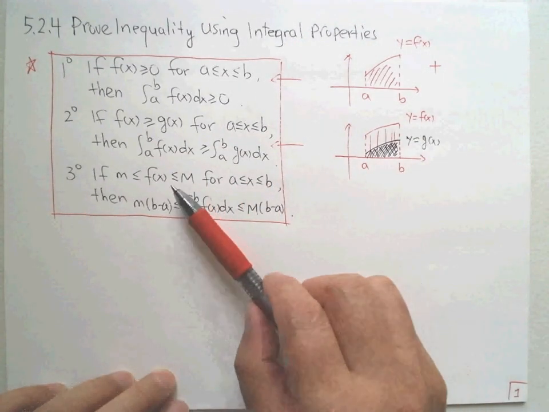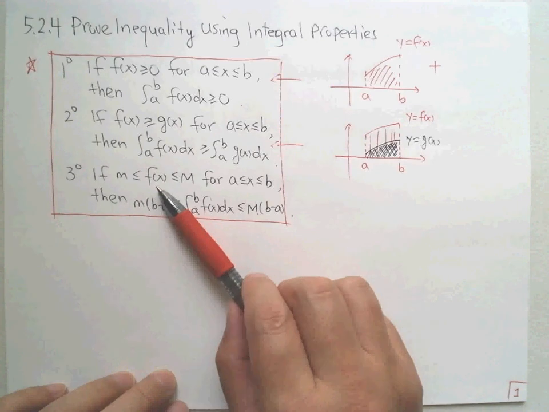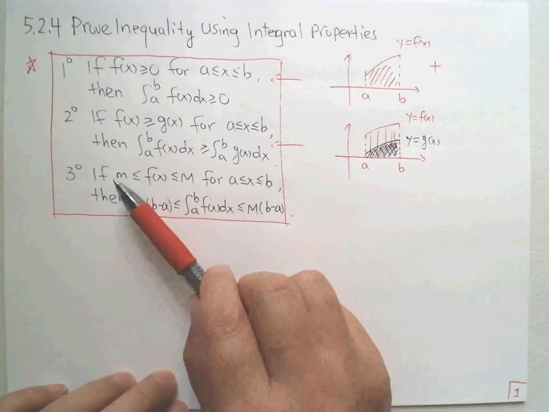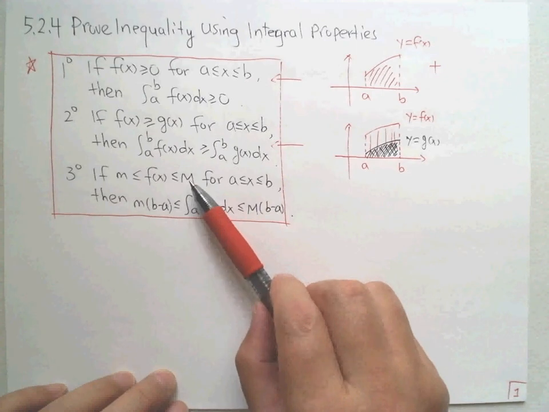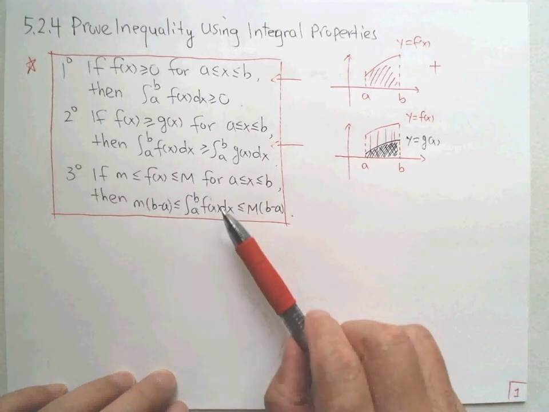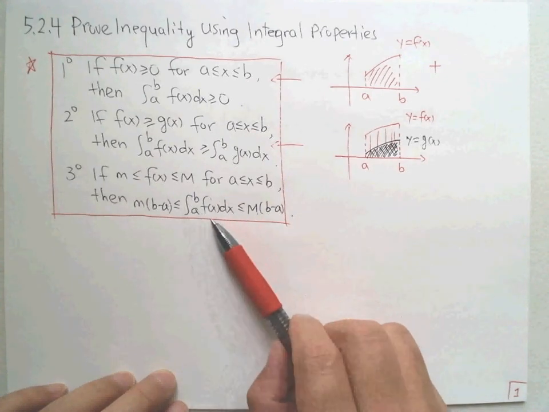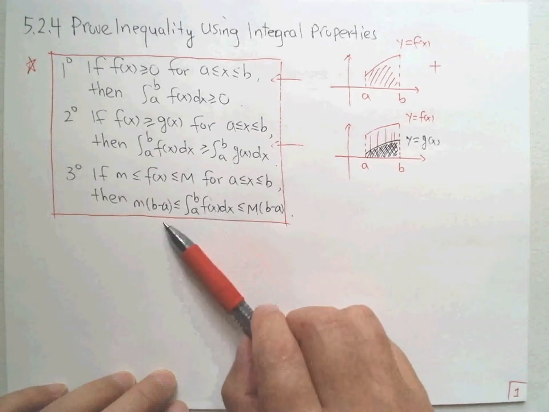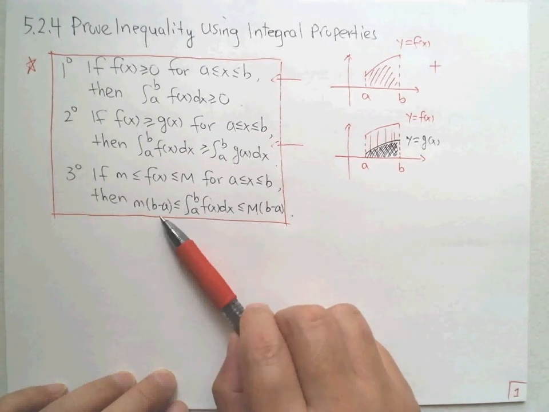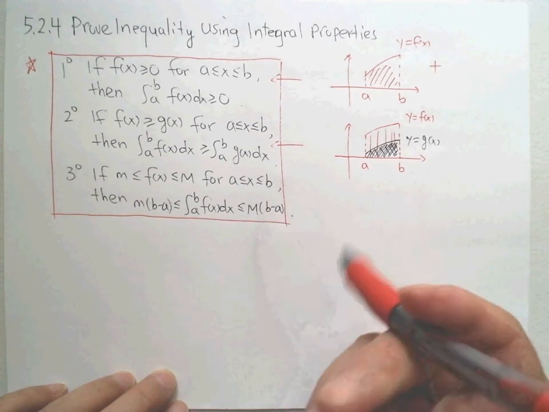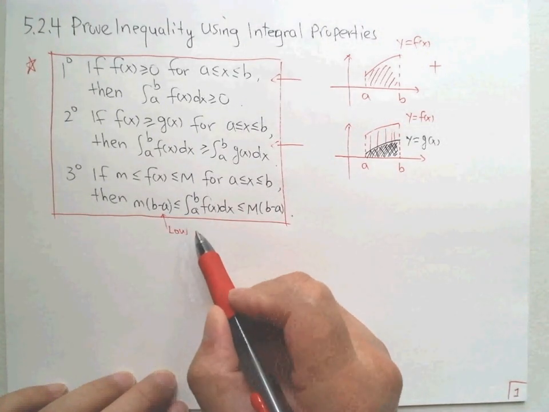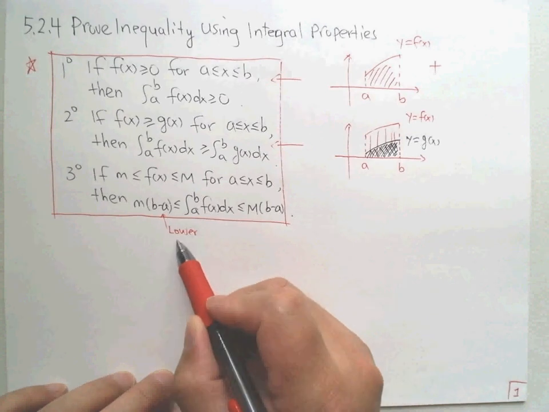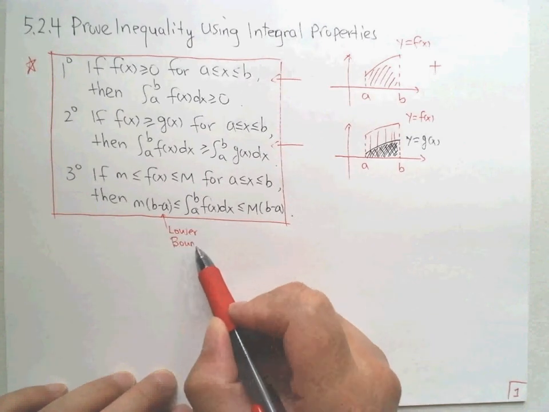We're talking about one function. If f has the minimum value lowercase m and the maximum value uppercase M, then the integral of this function can be bounded. This we call the lower bound, and this we call the upper bound.